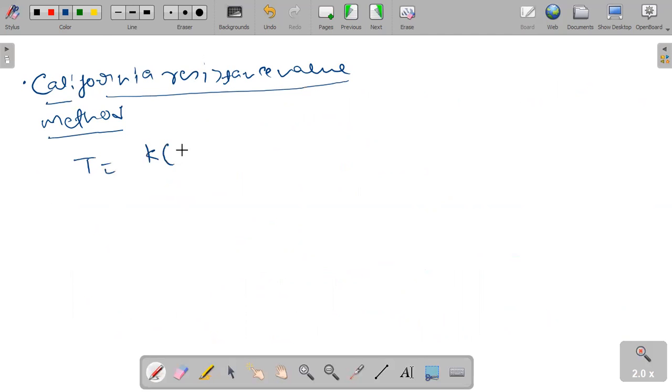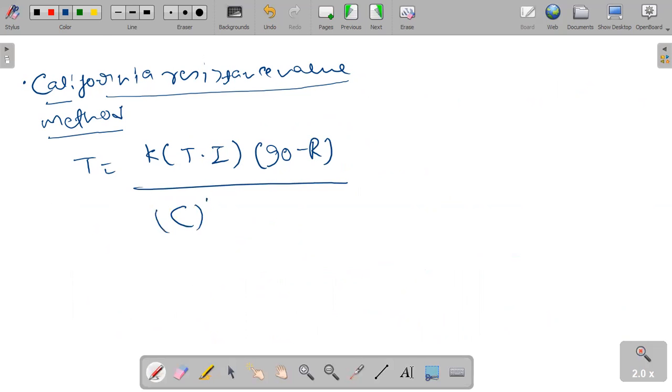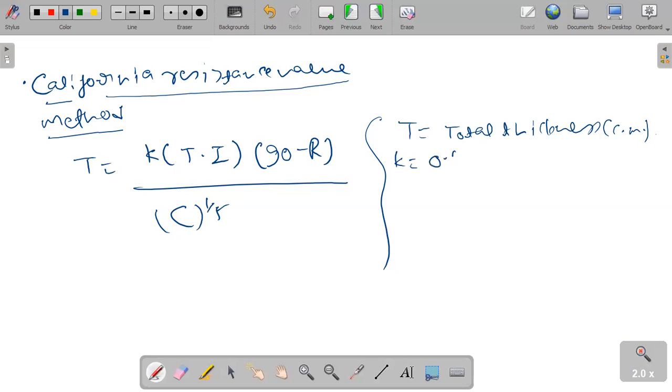T is equal to K into Ti into (90 minus R upon C) power 1 by 5, where T is total thickness in centimeter, K is a constant with a value of 0.166, and Ti is traffic index.